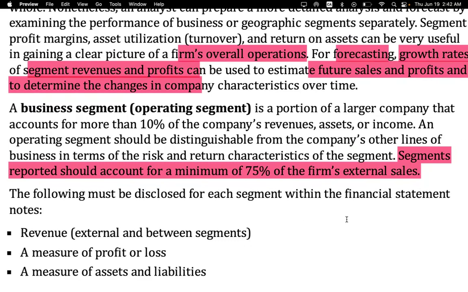So you need to say, okay, the water division gives me 30% profit, the ice cream division gives me 40% profit, the chocolate division gives me 5% profit. So in total, you're reporting at least 75% of your sales in segments. Okay. So segments reported should account for a minimum of 75% of the external sales. Just a fancy way of saying that 75% of your sales should be reported in segments.